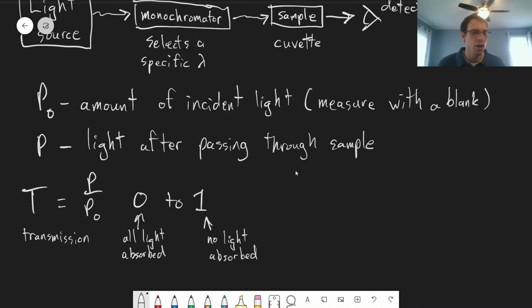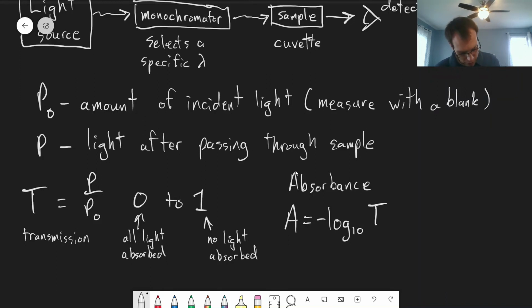To use this for quantitative measurements, there's a different variable that we monitor because it's proportional to concentration, and that is what we call the absorbance of a sample. And absorbance is related to the transmission. The absorbance is equal to the negative log base 10. You can also do this with natural log, but typically this is done with the base 10 logarithm of the transmission.